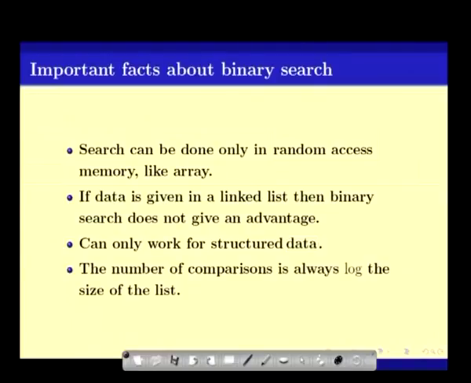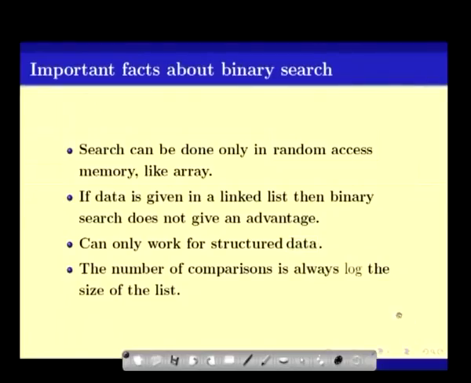When the list size is huge, say something like 1 million, then exhaustive search will take 1 million steps, whereas binary search will take only about 15 steps, because it is a log of a million, which is very small compared to exhaustive search.